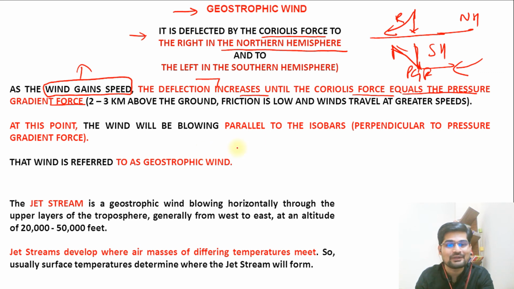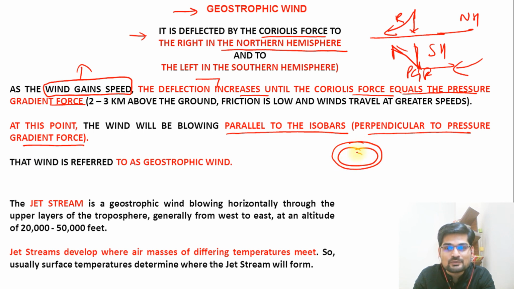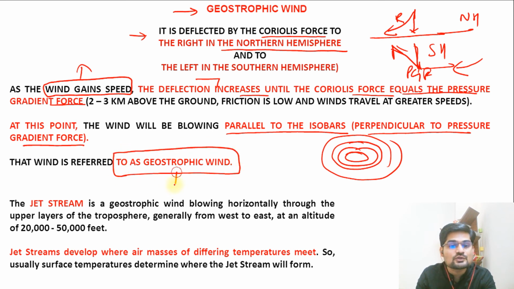Remember, at this point, the wind starts to blow parallel to the isobars. Remember, perpendicular to the pressure gradient and parallel to the isobars. So if isobars are like this, it will start blowing parallel to the isobars. So this is that kind of wind which is called a geostrophic wind.